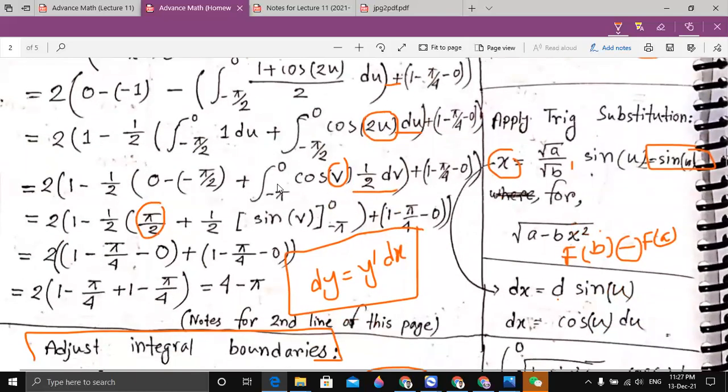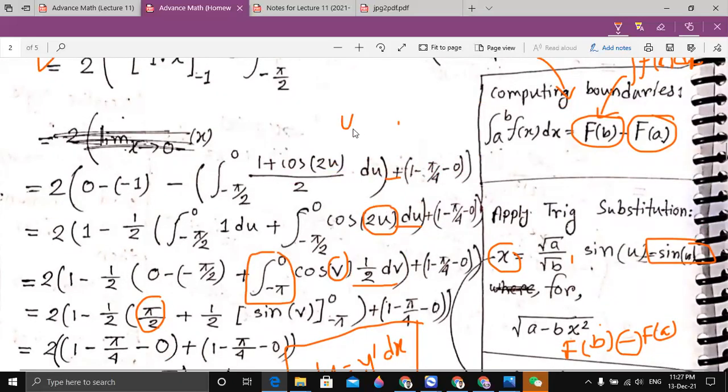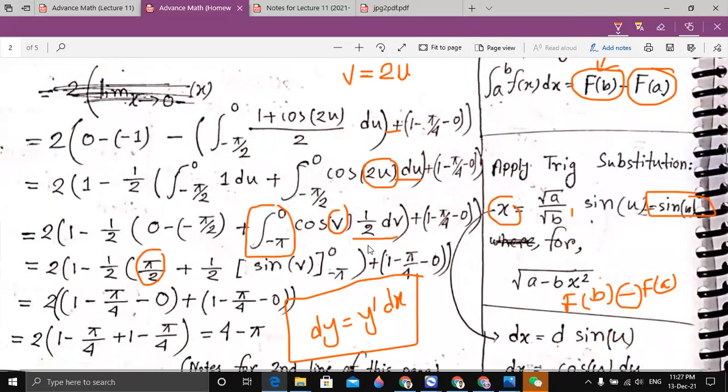So again we have to change the limit, right? Because we have used the u substitution rule. So we let v equal to 2u, right?